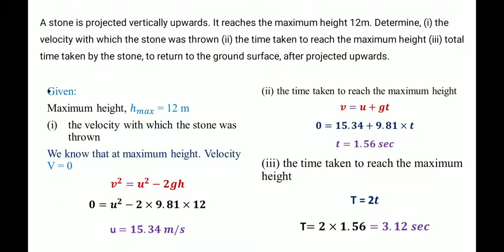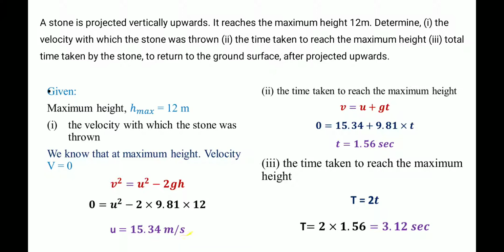A stone is projected vertically upwards. It reaches a maximum height of 12 meters. Determine the velocity with which the stone was thrown. So we can find the initial velocity using this formula. Upward movement, it is minus g, so we will get a minus value.